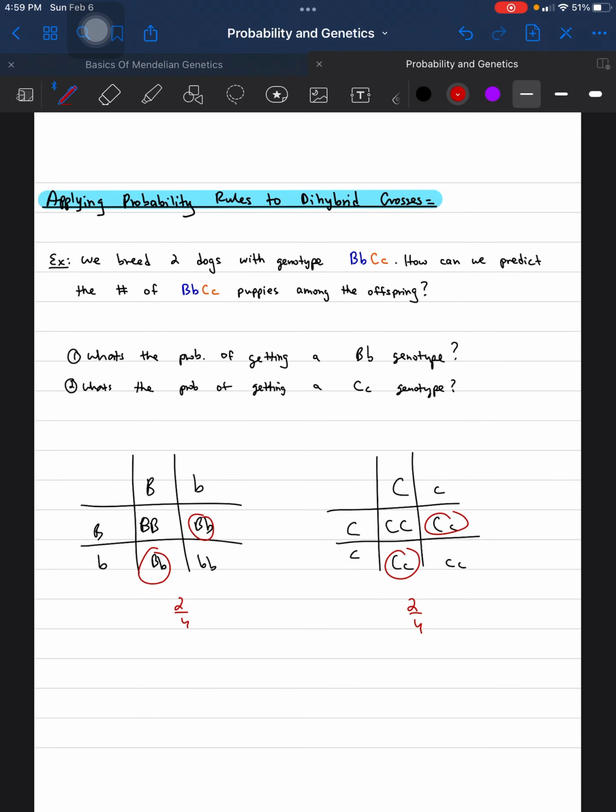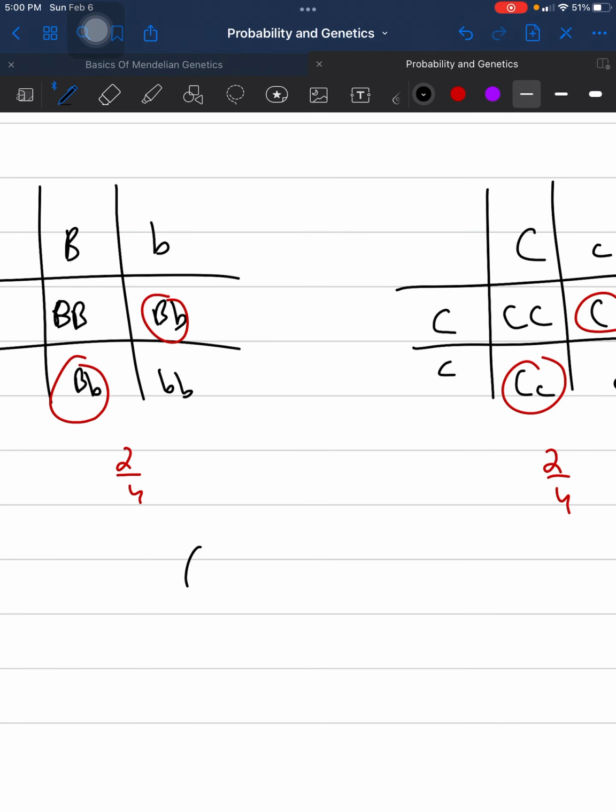When we're trying to find the total probability, we apply the product rule, right? What is the probability of both of these events happening at the same time? So we want to multiply the probability of Bb times the probability of Cc.